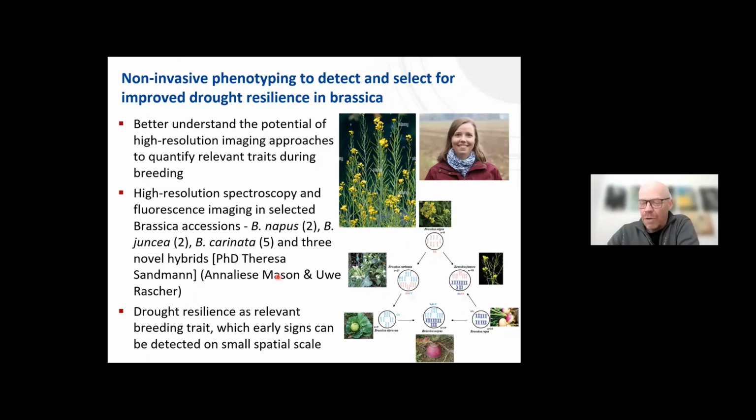And I want to refer to the talk which was given in the same seminar by Anneliese Mason just recently. It's about brassica. And brassica, as you may recall, is a really important economic plant for our food production system.